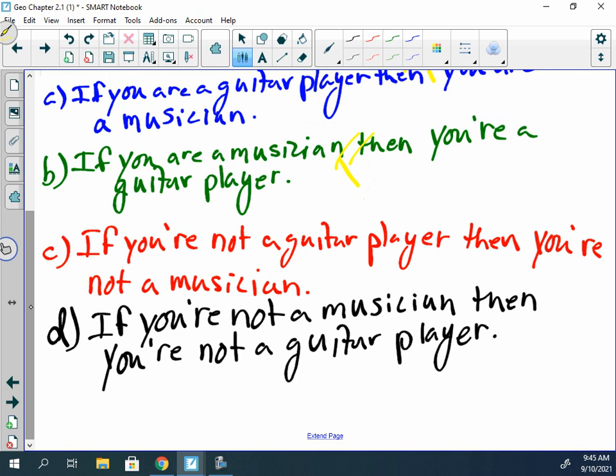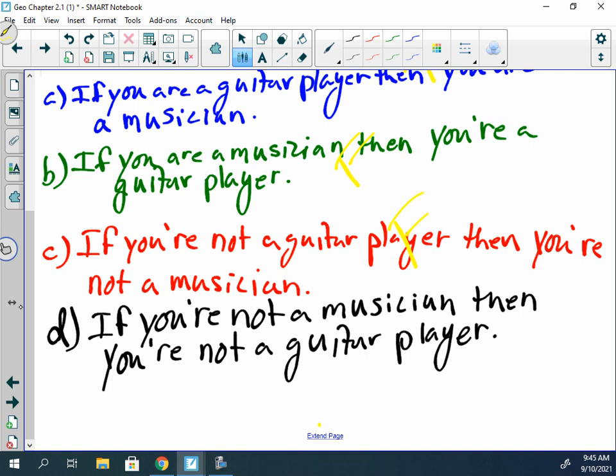If you're not a guitar player, then you're not a musician. False. Just like we said earlier, you can play the bass. That's not a guitar. Or if you play the saxophone, you're not a guitar player, but you're still a musician.